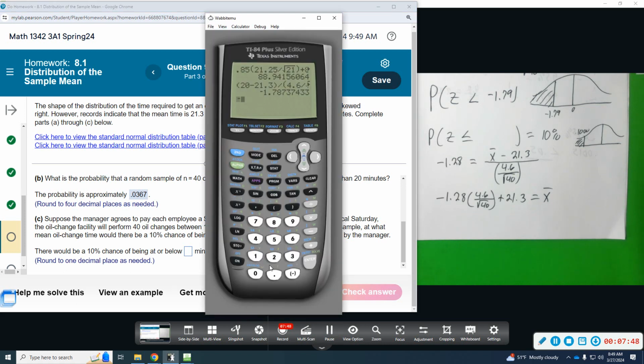So we're going to do negative 1.28 times 4.6 divided by the square root of 40. And then we're going to add the 21.3. And we get a sample mean of 20.36, and we want to round to one decimal place, so 20.4.